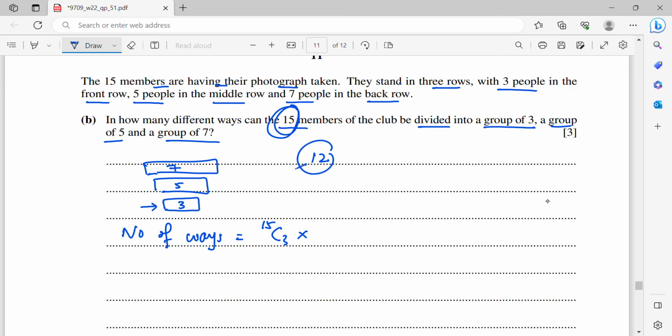So from these 12, you have to choose any 5 and put them in the middle. And then 12 minus 5 is 7 left. So all these 7 will be in the last row, 7 choose 7. So this is how we do it, and at last you will get 360360.